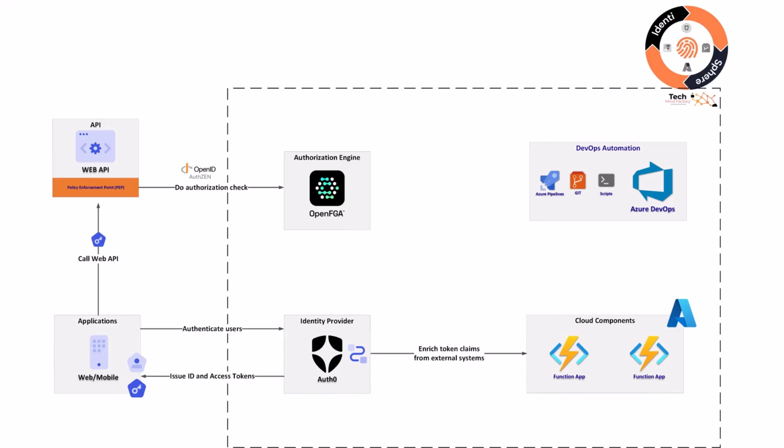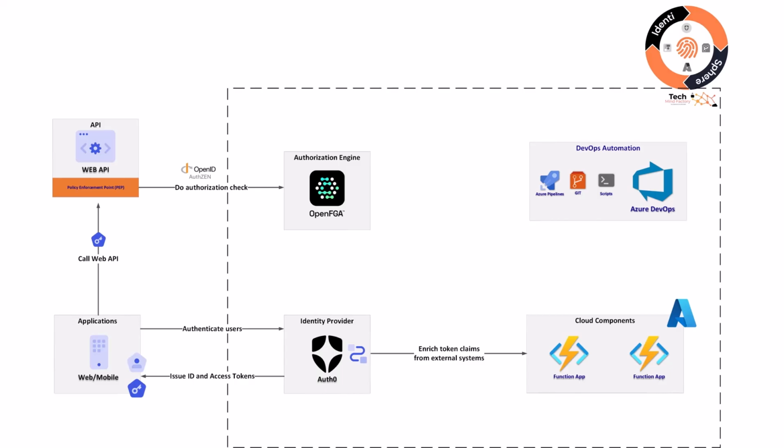And the thing is that for that, we use Okta fine-grained authorization, so our authorization engine. And in the web API, which is responsible for retrieving information about the invoices, there is policy enforcement point implemented to do authorization check against authorization engine, which is actually Okta FGA.